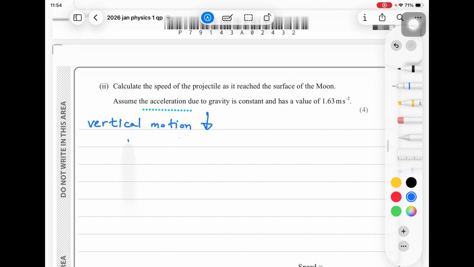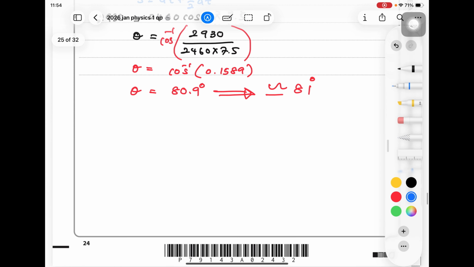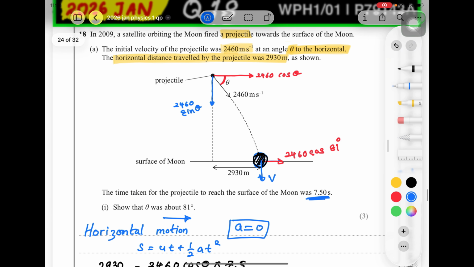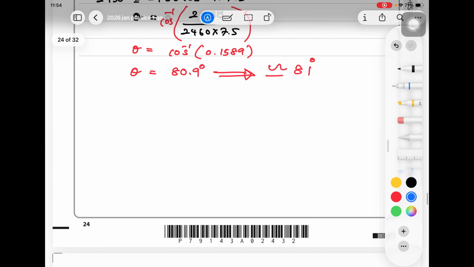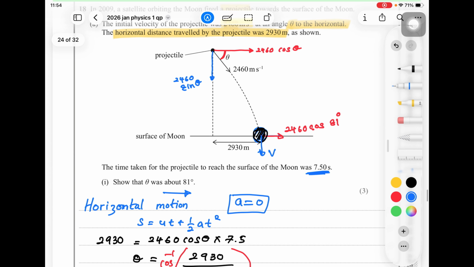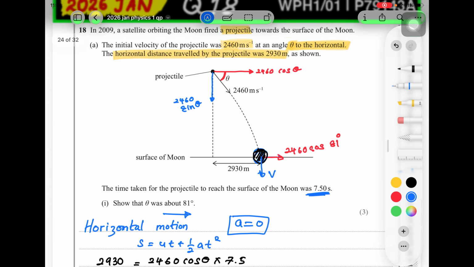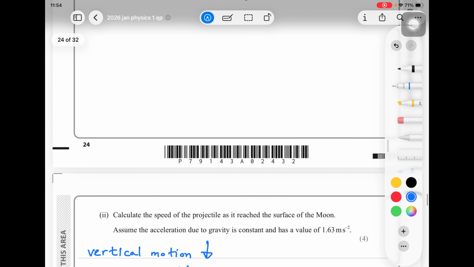To get the final velocity, we can apply V equals U plus AT. U is the initial velocity, where the horizontal component is 2460 cos theta and the vertical component is 2460 sin theta.